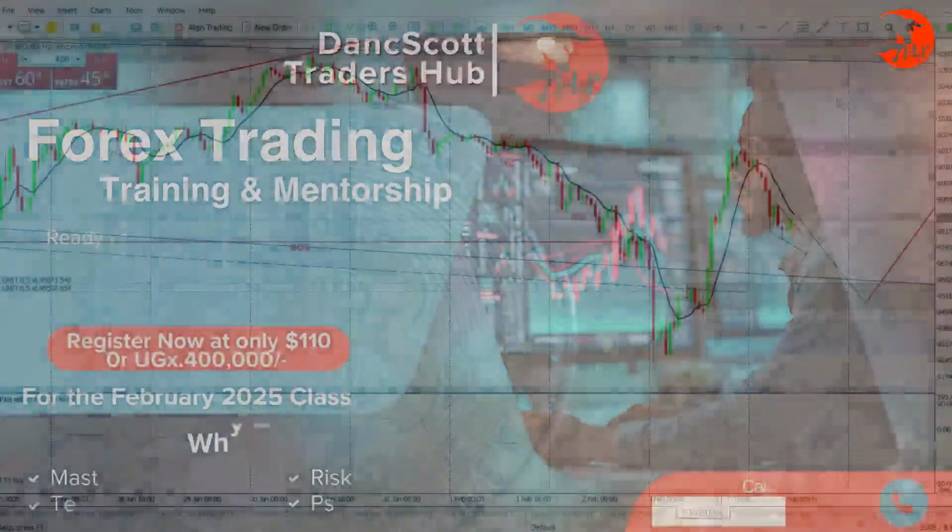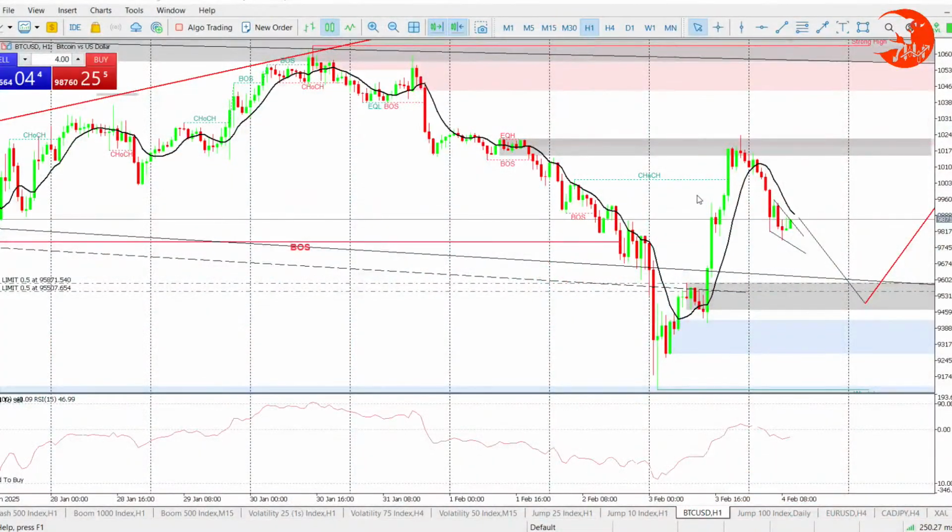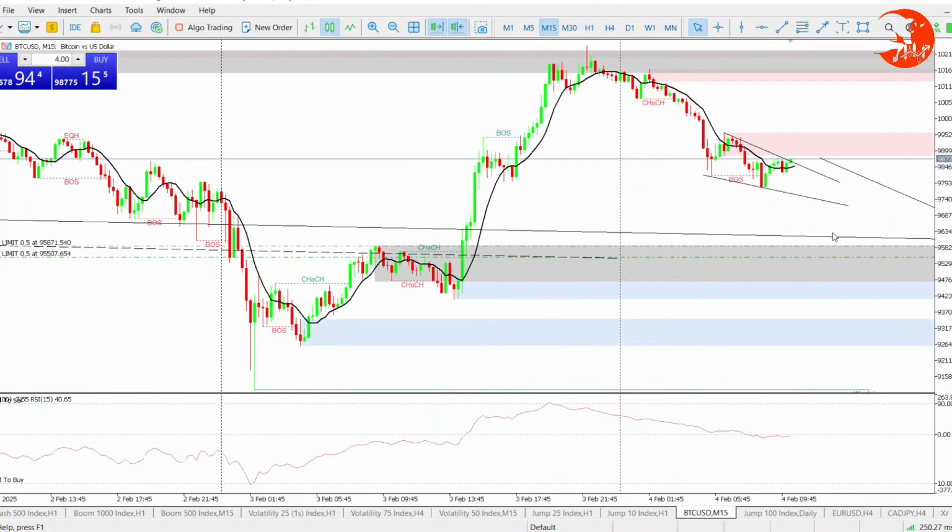So let's now wind up with today's class in today's session of BTC. Something weird. The reason why I'm not buying right now is that, according to my CC, it is still showing me that I'm not ready to enter a buy right there. Even though I'm seeing a falling wedge, we know what a falling wedge does.